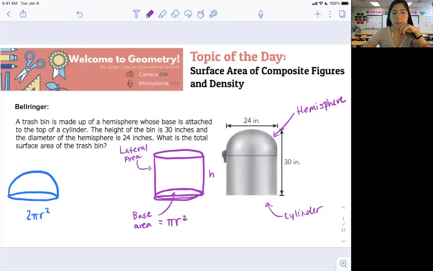Perla's saying length times width, but rather than writing L and W, I'm going to write what the length actually is and what that width actually is, because it's wrapped around a circle. We could go back. If anyone wants me to go back, I'll go back, but everybody should have had this written down already.